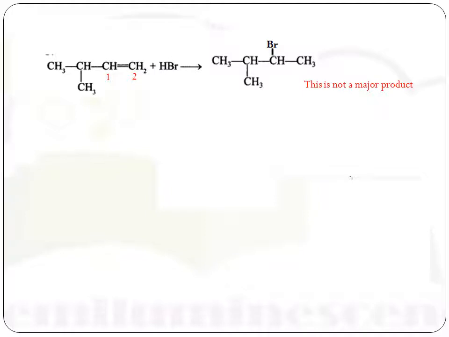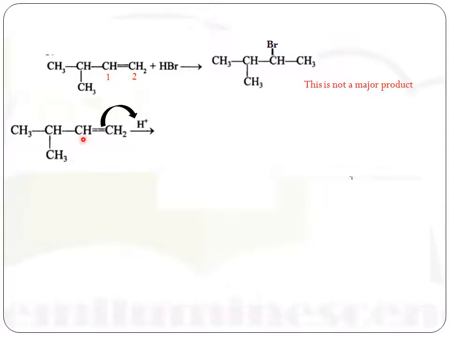Let's see the mechanism of this reaction. Here, you see this double bond, and this one is an H plus ion from the reagent. What happened in the first step? The double bond attacks the H plus ion and forms a carbocation. We know that mostly a secondary carbocation is formed.